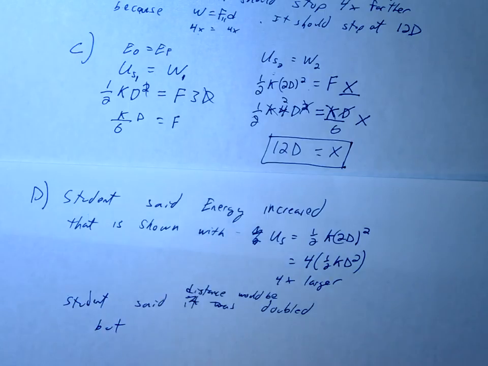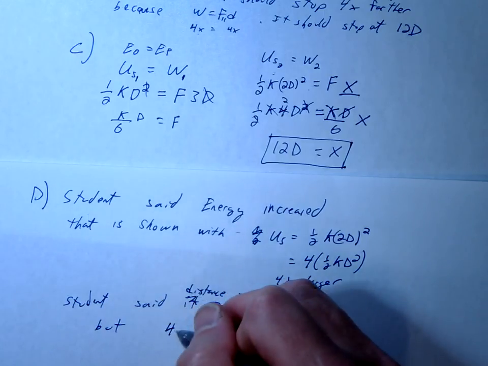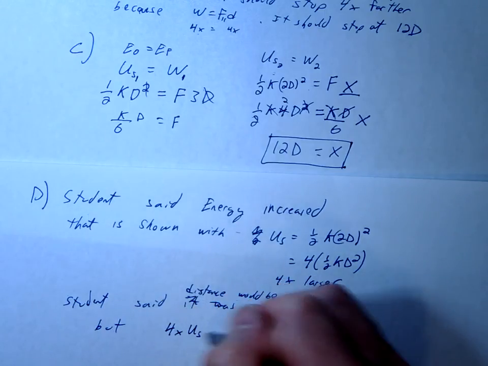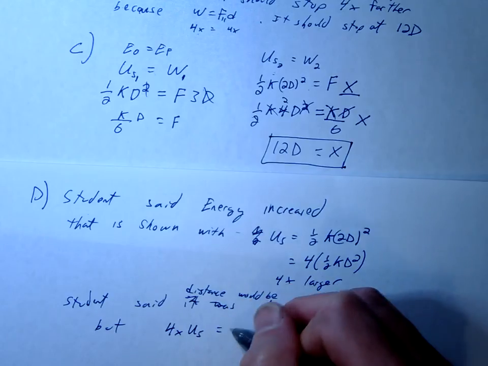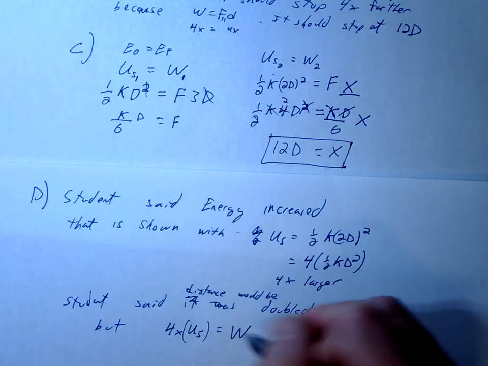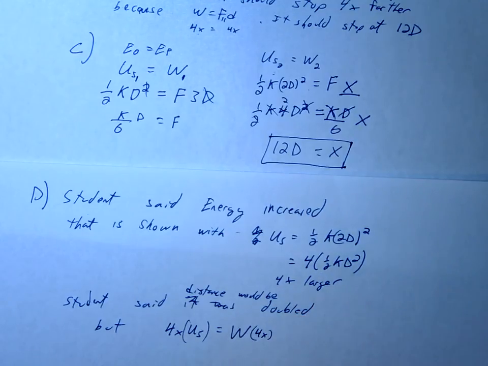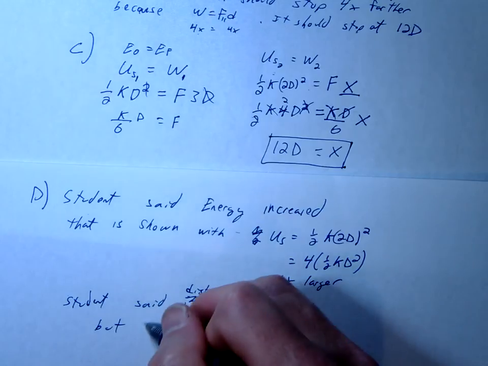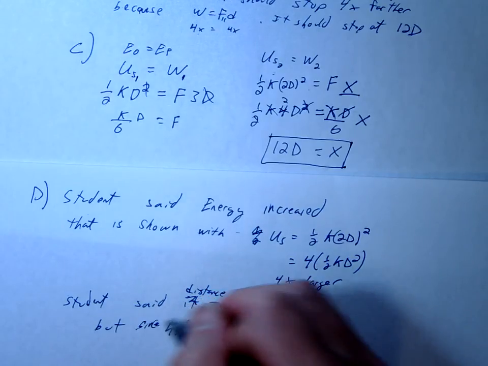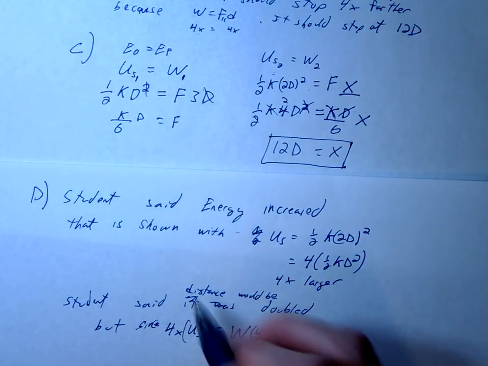But if we have 4 times US equals work, it should equal 4 times as well. I don't know, it's probably not doing a good job here.